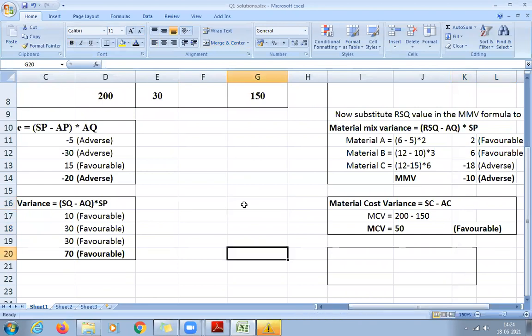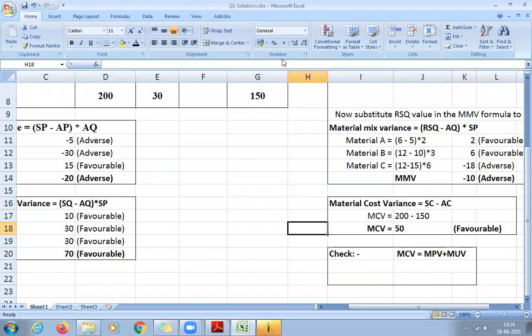Okay. And then after doing this, we need to do a checking, whether what you have done is correct or not. So how to do checking is, this is the formula. My material cost variance should be equal to material price variance plus material usage variance. If your left hand side is equal to your right hand side, then your answer is correct. Okay, student.